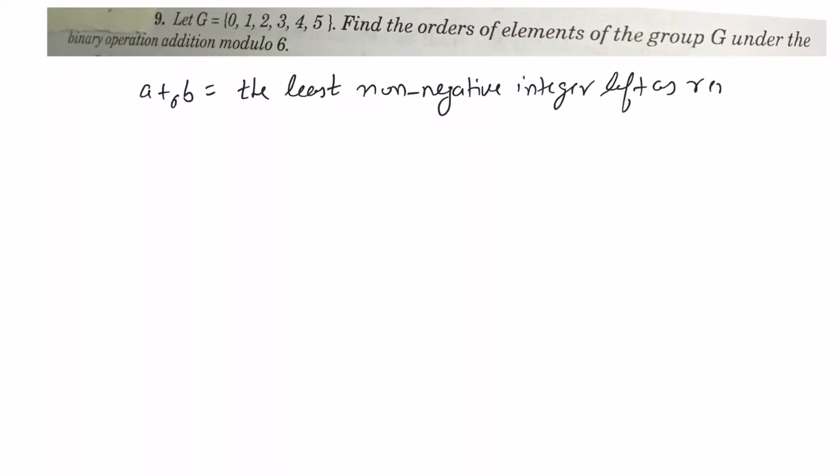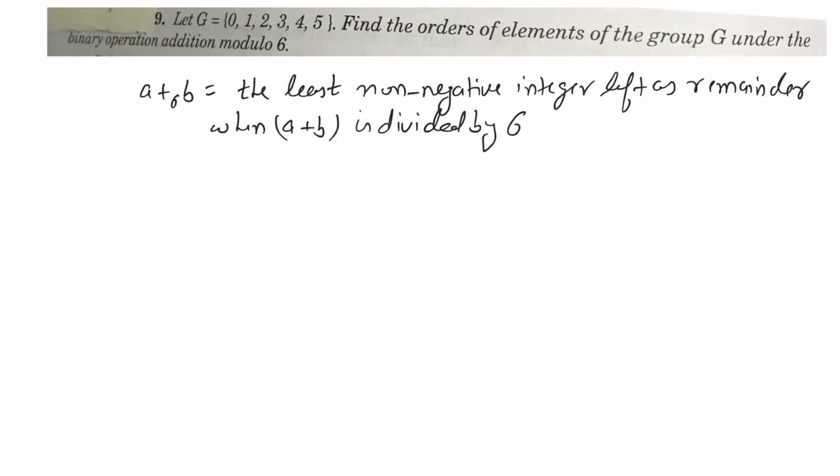Firstly, we shall see what the binary operation addition modulo 6 is, that I have already taught in the class. It is equal to the least non-negative integer left as remainder when a plus b is divided by 6.